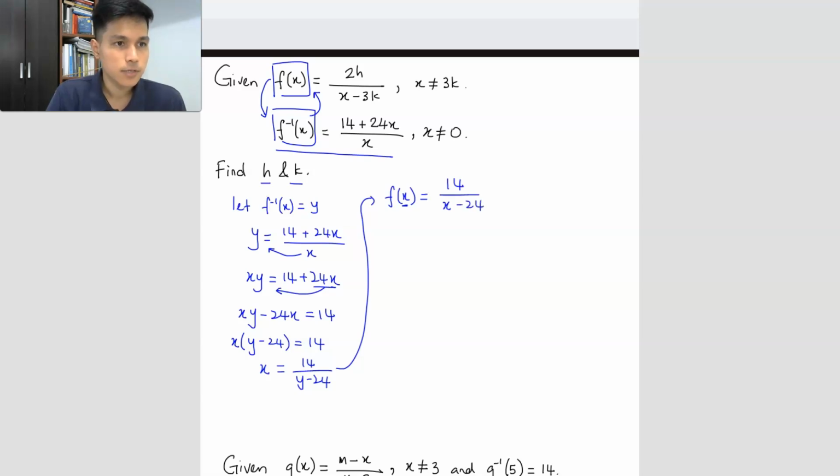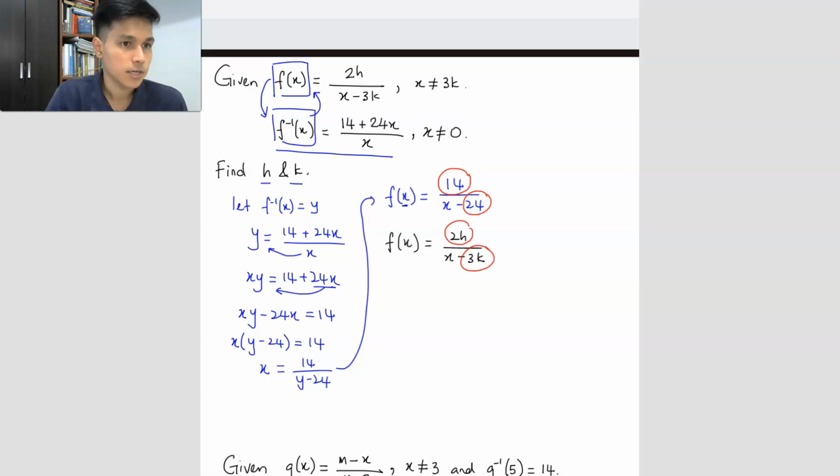Okay, so now that you have converted into a forward function, we can compare with the forward function given, which is f(x) equals 2h over x minus 3k. So from here, what we can see is the 14 is the same as 2h, and the 24 is the same as 3k.